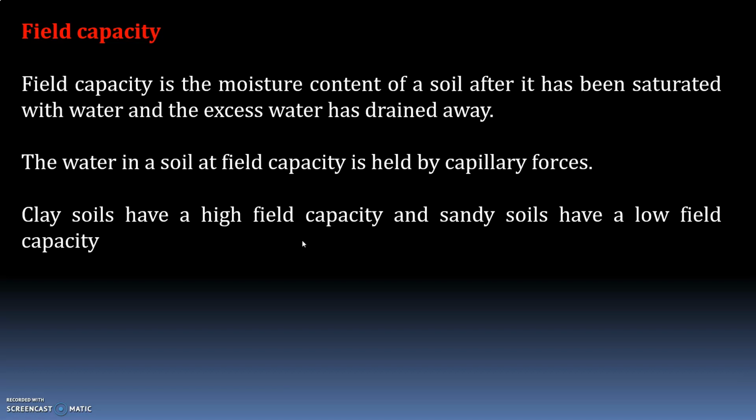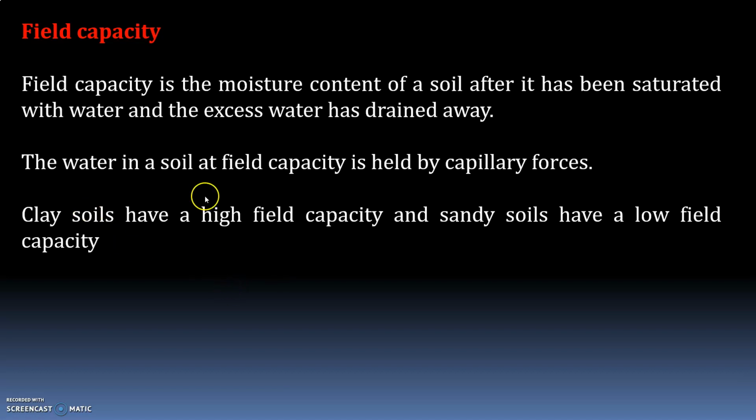Next, let us discuss field capacity. Field capacity is the moisture content or water content of a soil after it has been saturated with water and the excess water has drained away. Soil is saturated with the water and the excess water has drained away.